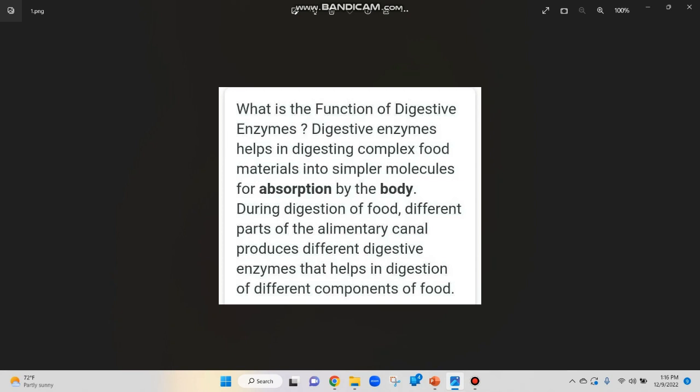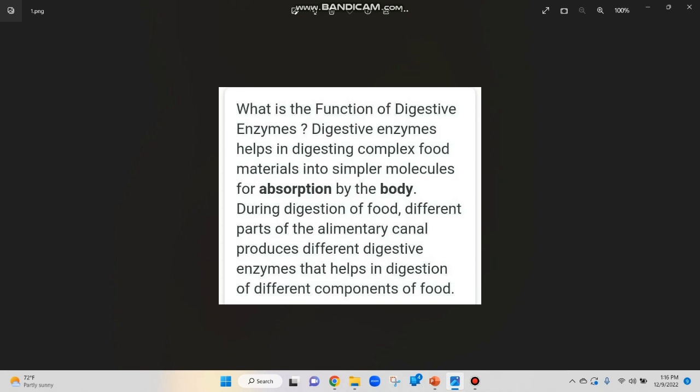Why? Because the size is bigger. So in order to pass through Jerry's doorway, he has to become smaller. The same is the case over here: the molecules need to be broken down into tiny particles so they can pass through the doorways, the smaller blood vessels, which are the capillaries.